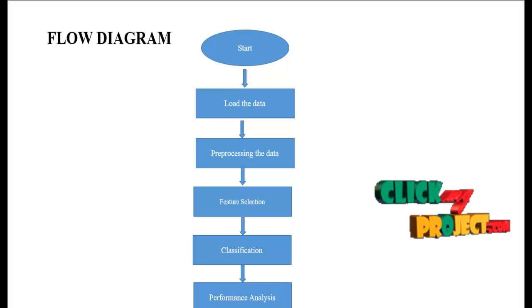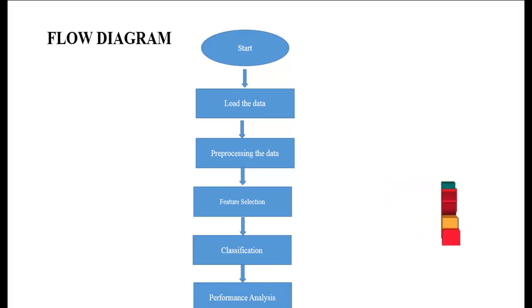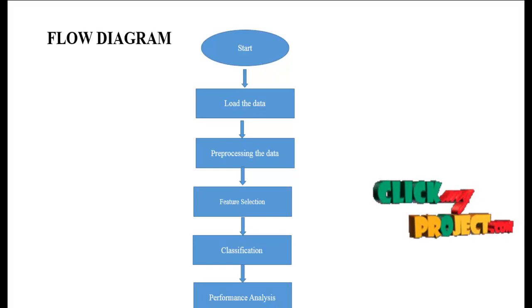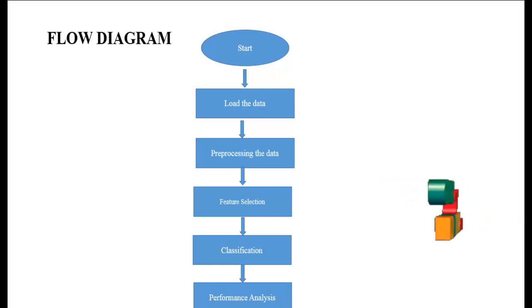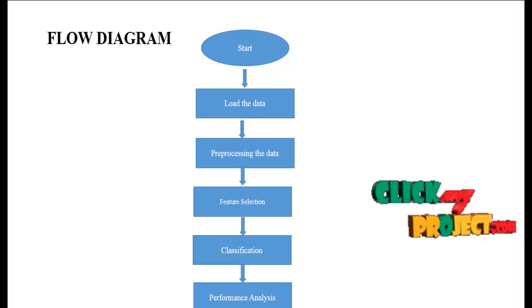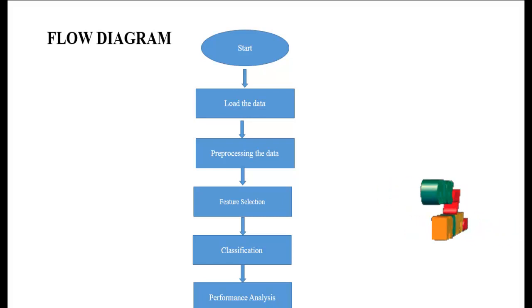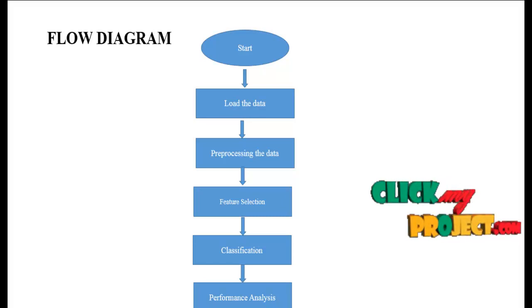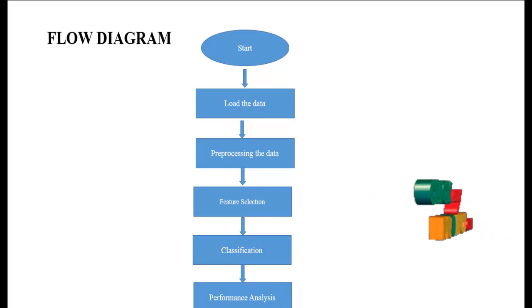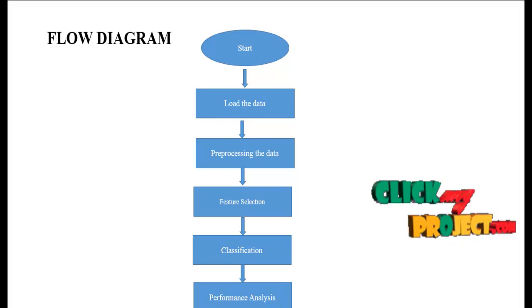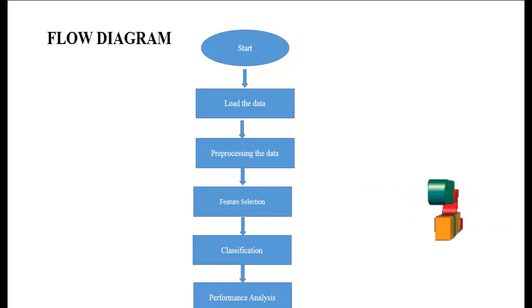In handling missing values, we have to check whether missing values are present in our input data. If they are present, we have to replace the missing values with zeros or null values. And then we use the label encoding technique. We have to encode the data into integers.